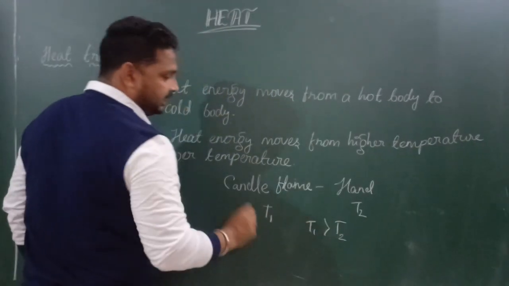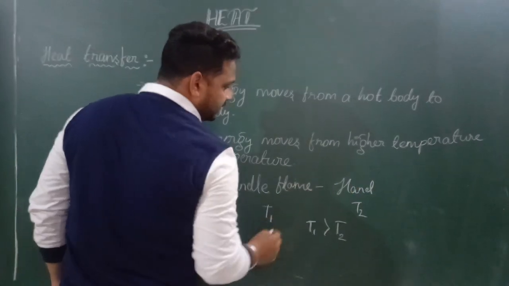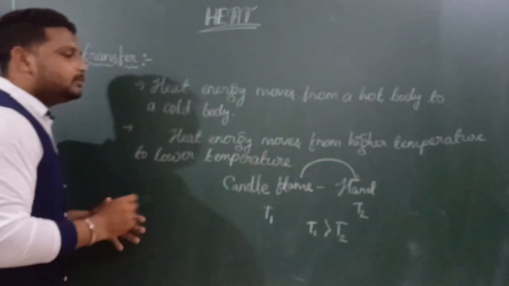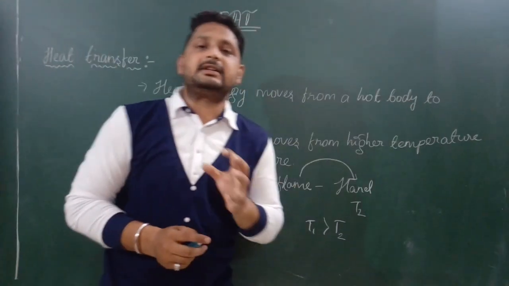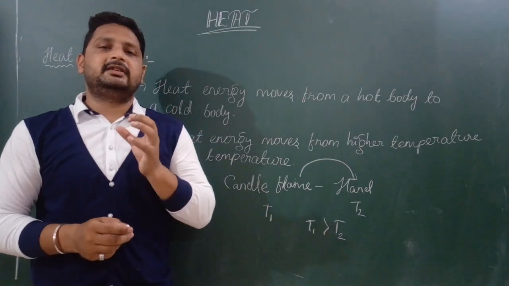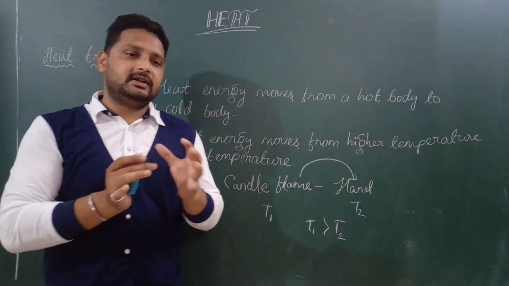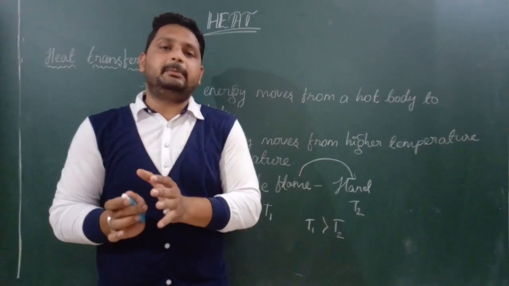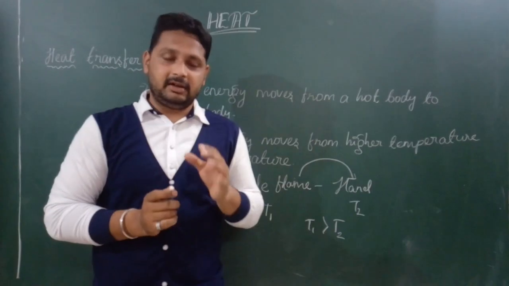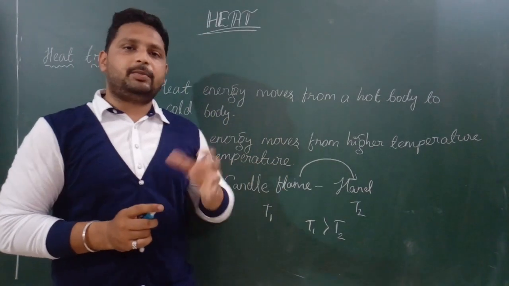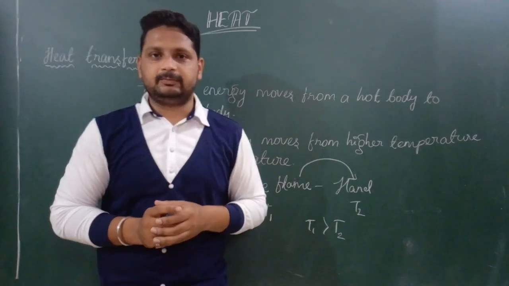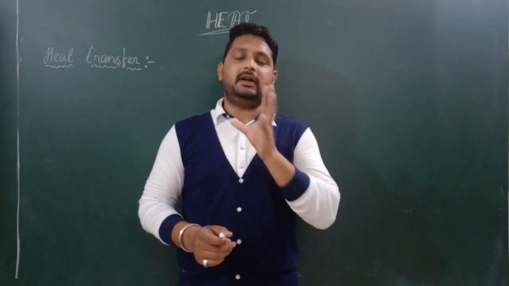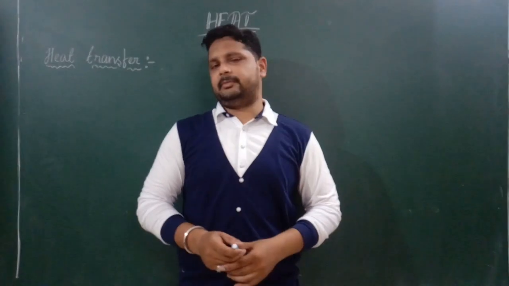So we can say that heat travels from the candle flame to the hand. This is how heat transfer takes place. Heat energy is always transferred from higher temperature to lower temperature. Understood? If you have to note it, you can pause the video and note it down. So you understood that heat travels from a higher temperature to a lower temperature.